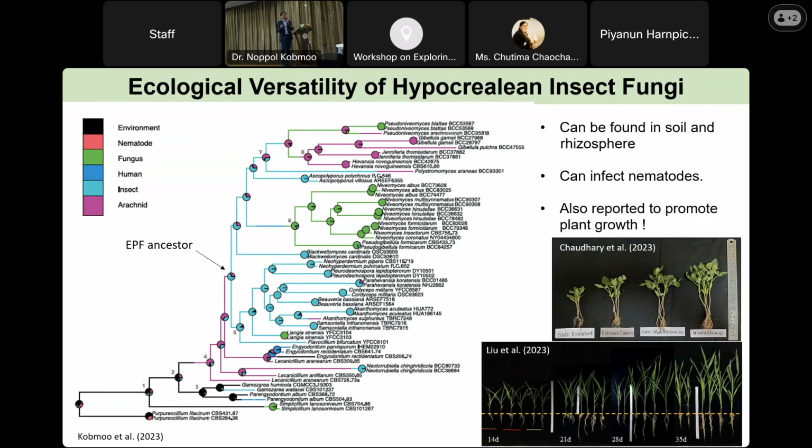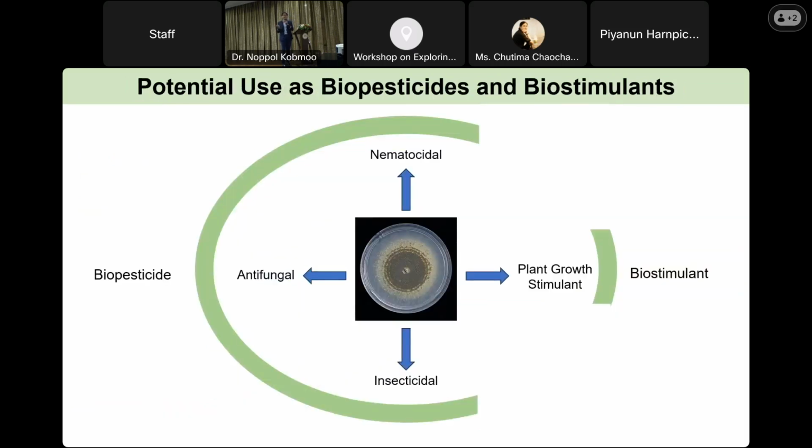So there has been more and more of this kind of work that has showcased the potential utility of using this group of fungi as a biostimulant to stimulate the growth of plants. This group, which is basically known as entomopathogenic fungi, was shown also to stimulate plant growth, to be able to infect nematodes, to be able to infect insects, and also to produce many secondary metabolites that have been shown to have antimicrobial, including antifungal, properties.